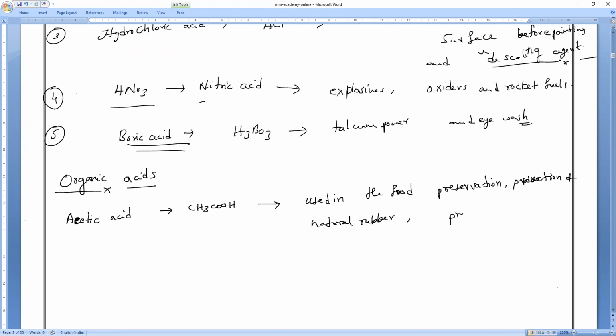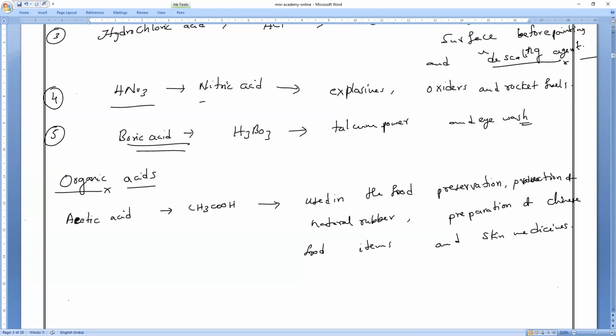Next, preparation of food: you can go to any Chinese fast food center. Have you all noticed it? Vinegar, a light gold color liquid, they will add it if you order anything. That is acetic acid. So every Chinese fast food center will add this acetic acid. And as well as skin medicines, they will use this vinegar only. So that is what you have to remember.